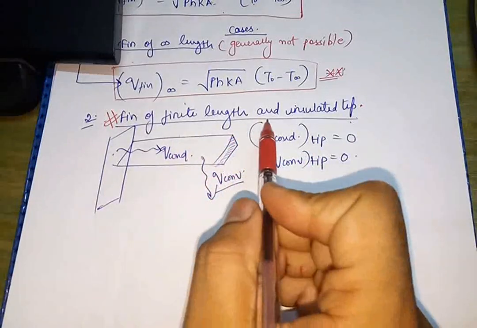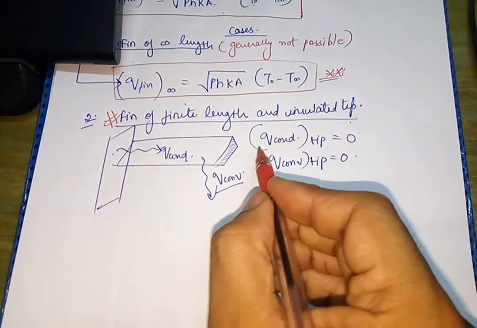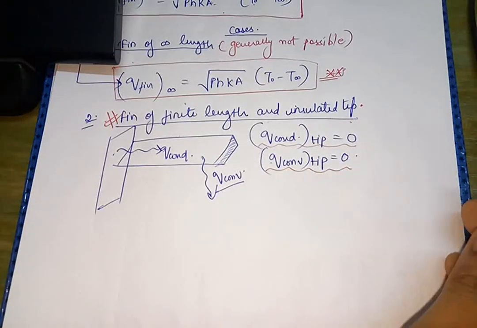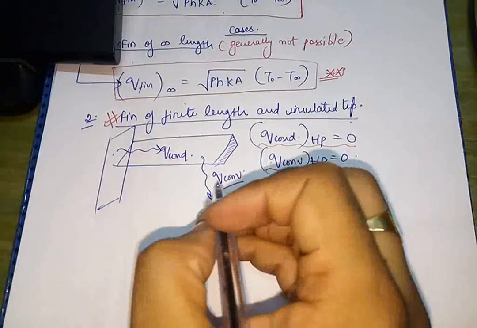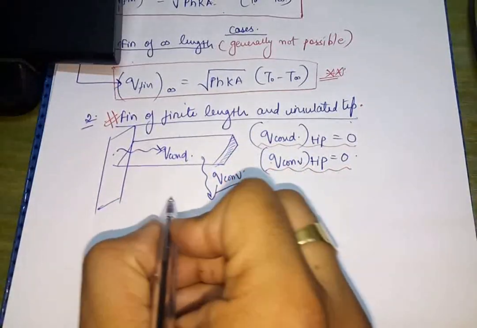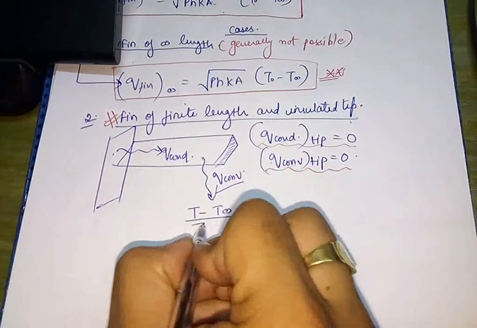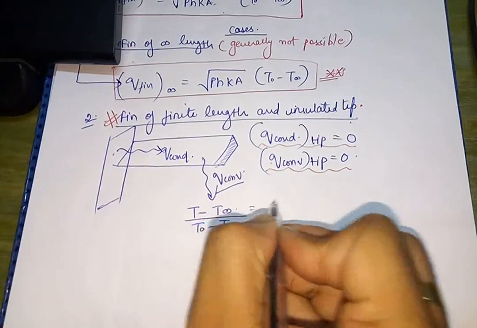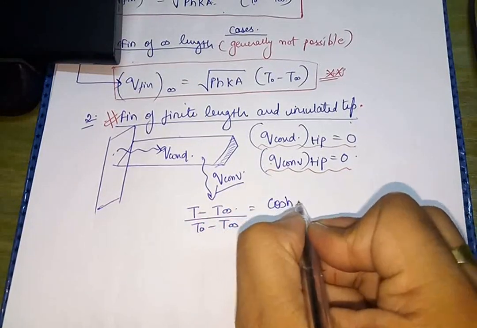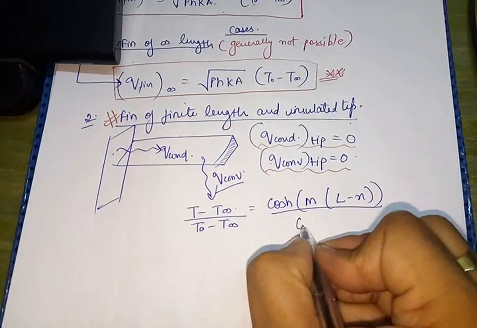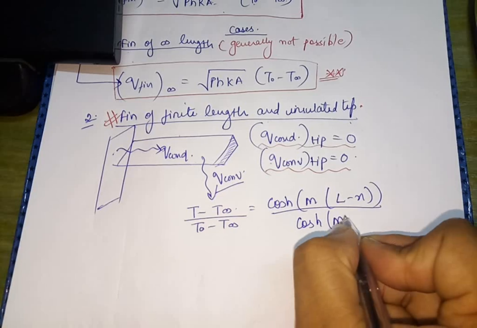That is, fin is of finite length and insulated at the tip, then Q conduction equals 0, Q convection equals 0. Now if I wish to write down the temperature distribution equation, it will be (T minus T infinity) upon (T naught minus T infinity) equals cosh m(L minus x) upon cosh mL.